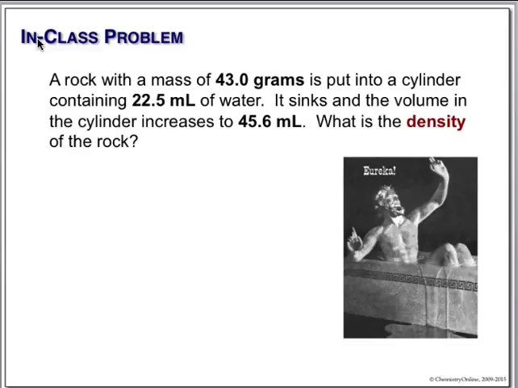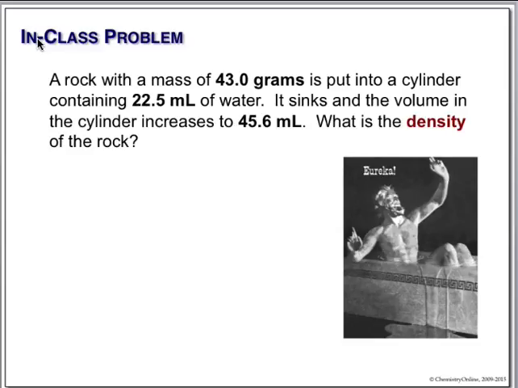They suspected, however, that the goldsmith was crooked and that he had mixed silver in with it and kept the rest of the gold for himself. So they asked Archimedes to please figure out if this was pure gold or not. Well, it was very difficult because clearly you can't melt the king's new crown, can you?